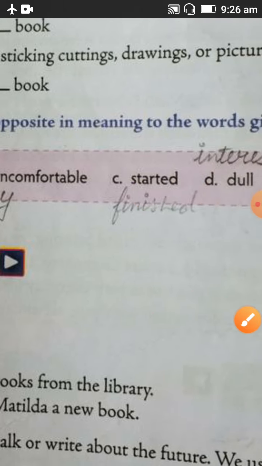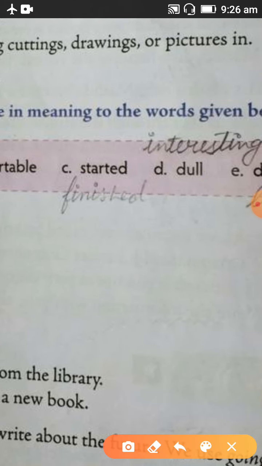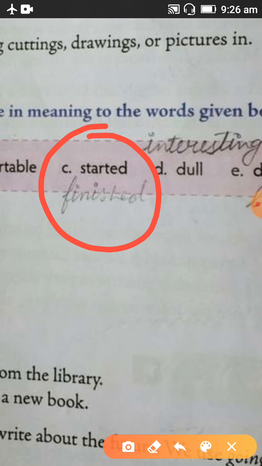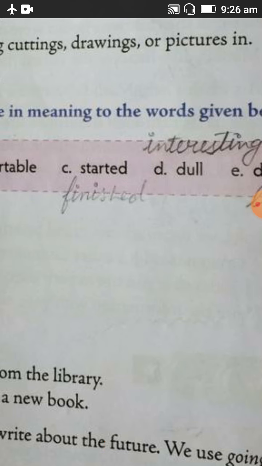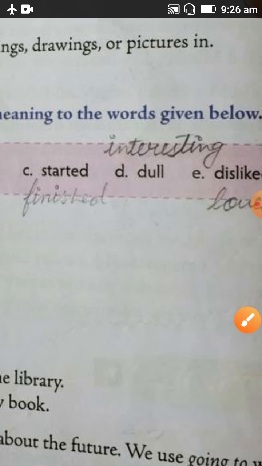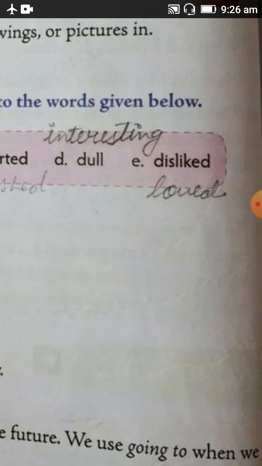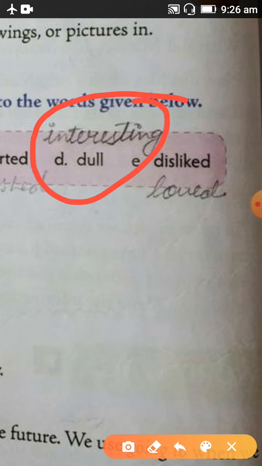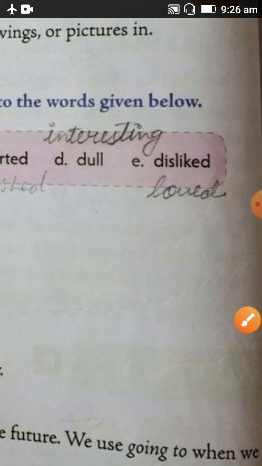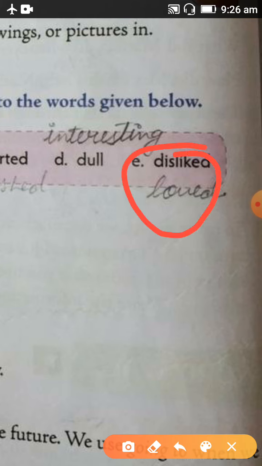Next one is started. So the opposite is finished. Next one is dull. Opposite is interesting. Next one is disliked and the opposite is loved.